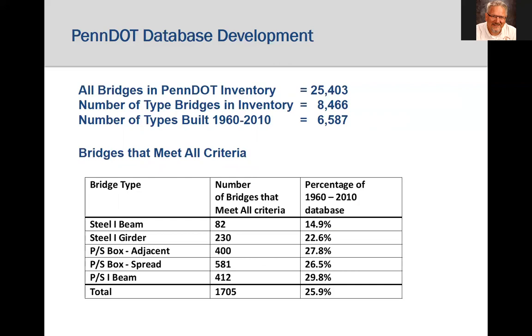When these 6,587 bridges were subject to the criteria, many of them did not have accurate and complete life history information, which left a database of a little over 1,700 for the life cycle cost study. This is over 25% of the potential bridges represented in the life cycle cost study, which is a pretty good representation.